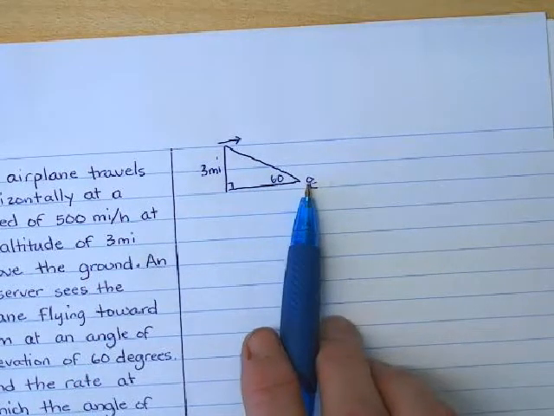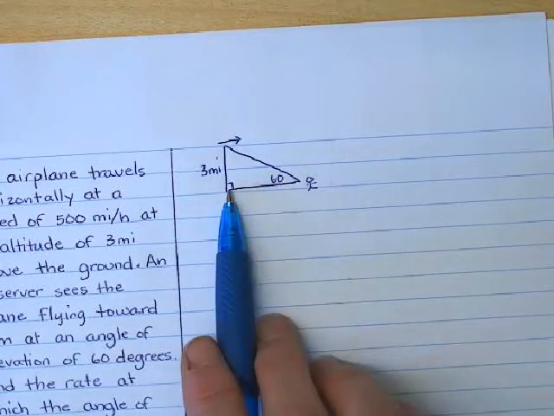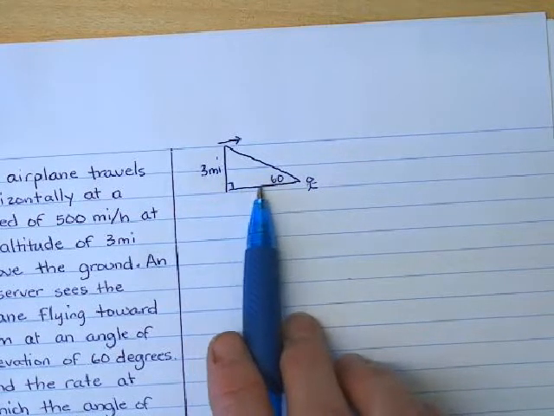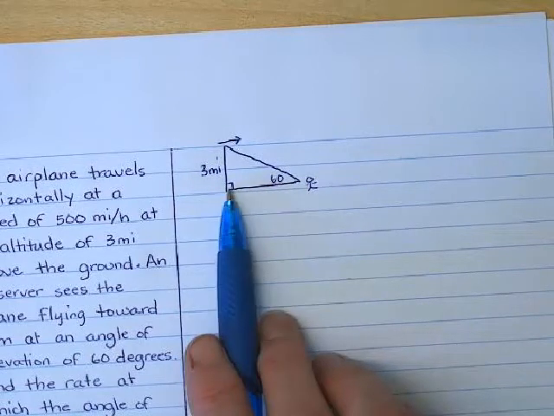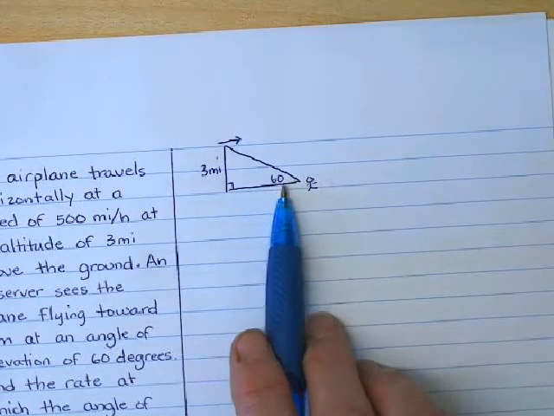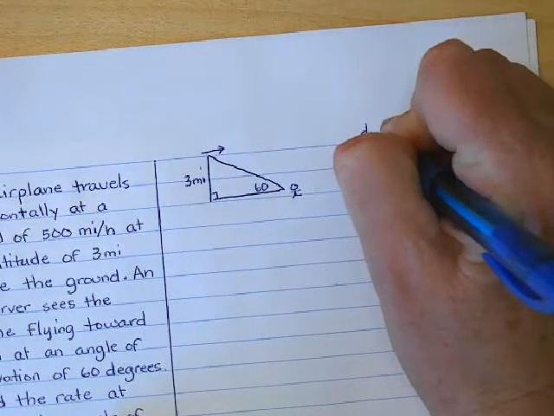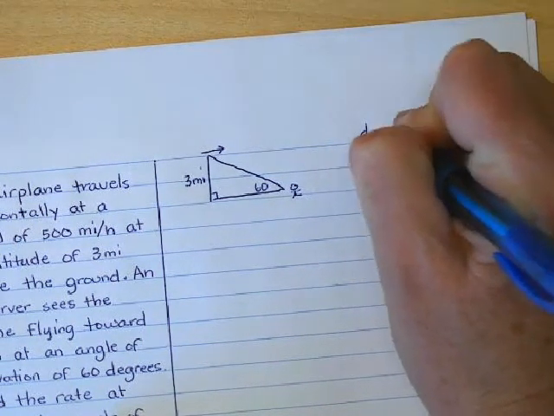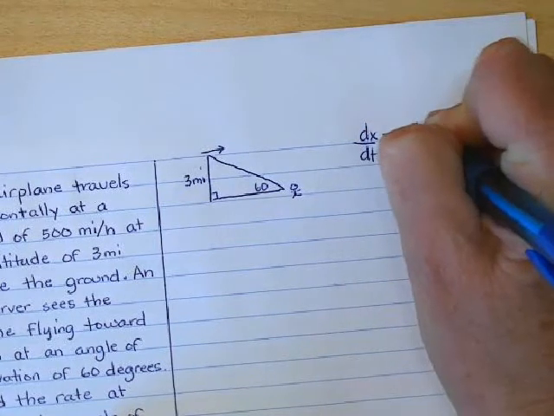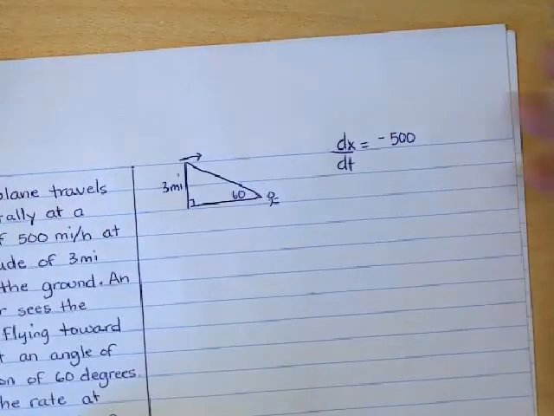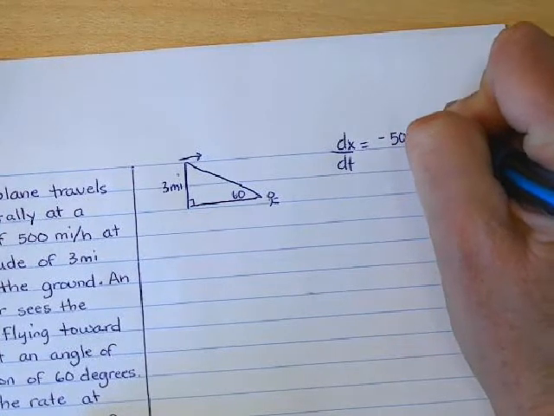Now, think about the way that I drew it. The airplane's getting closer and closer, so this distance is getting smaller and smaller. So I know that dx dt is negative 500 miles per hour.